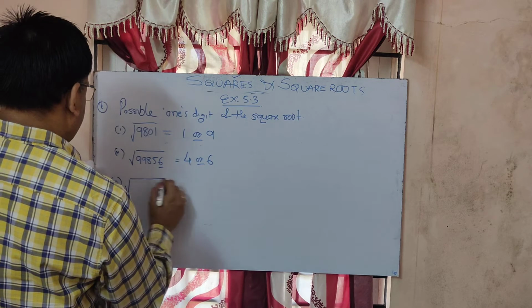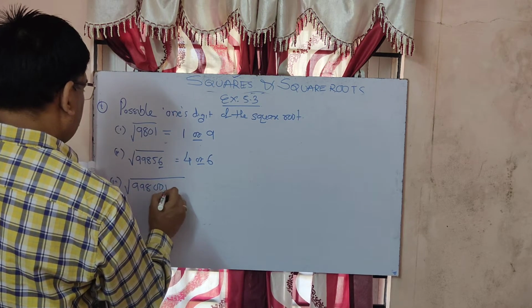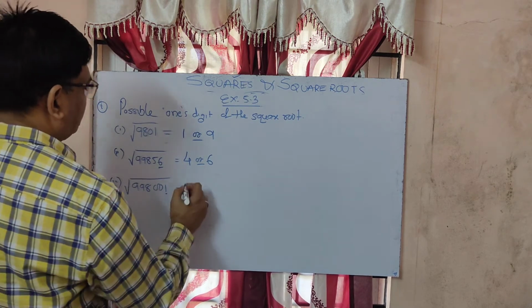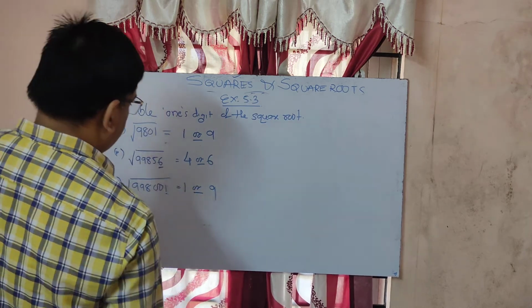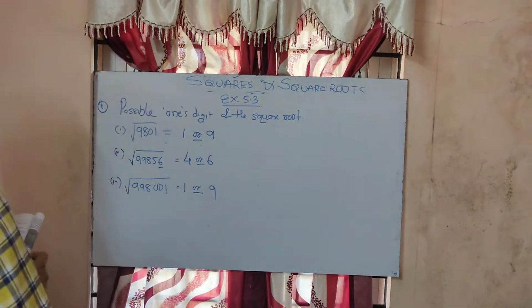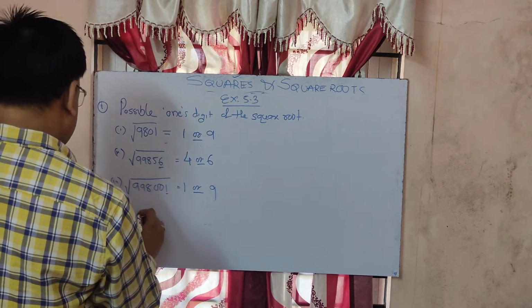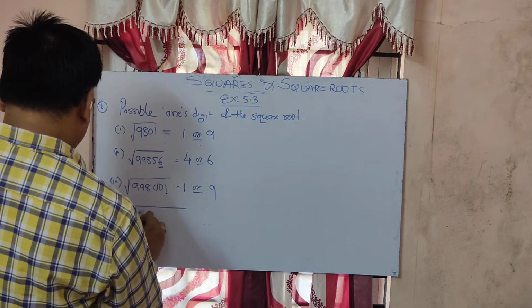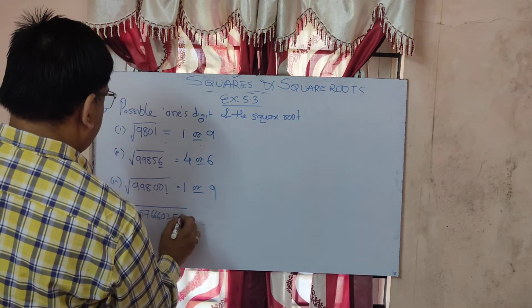In the same way, again the third one. Very simple question they have given. 998001. The end number is 1. It means again the same thing, 1 or 9 only. Now the last one, 6566025.